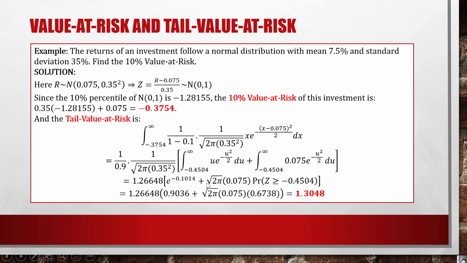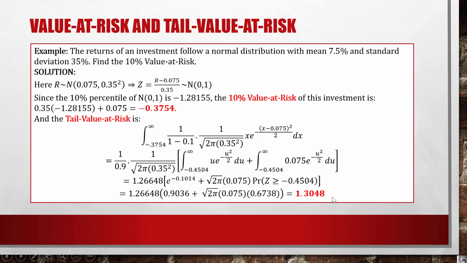So this is equal to square root of 2 pi times 0.075 times the probability that Z is greater than negative 0.4504, where Z is the standard normal variable. We use the Z table. We got 0.6738 as the probability that Z is greater than or equal to negative 0.4504, and substituting in, we get the final answer 1.3048. So the tail value at risk is 1.3048.